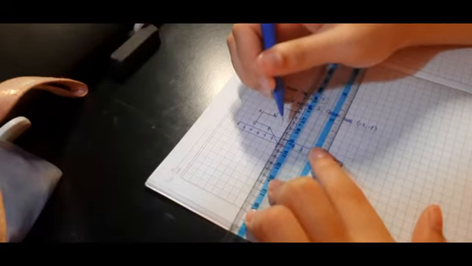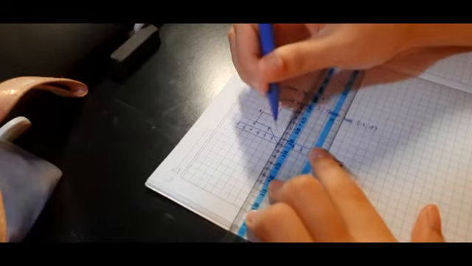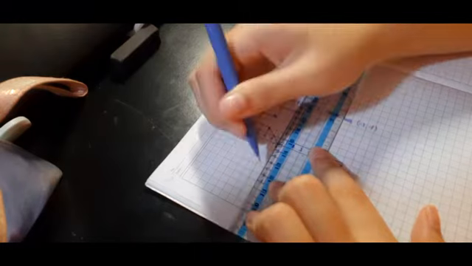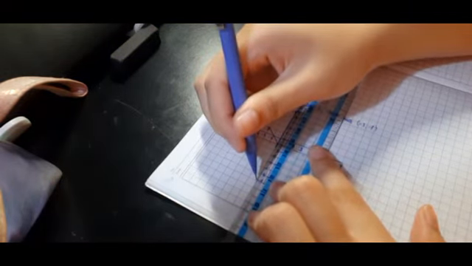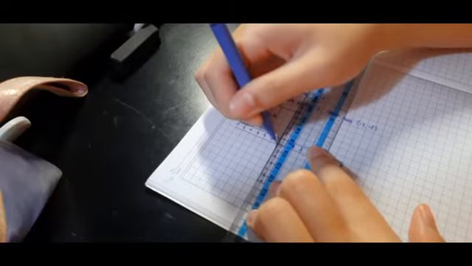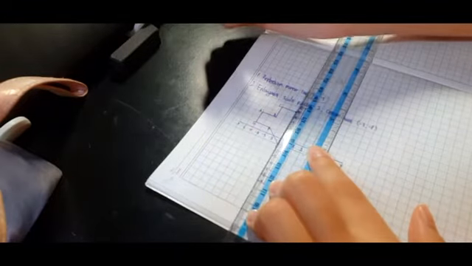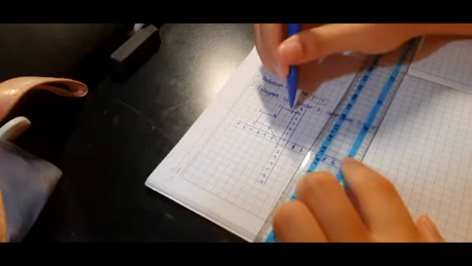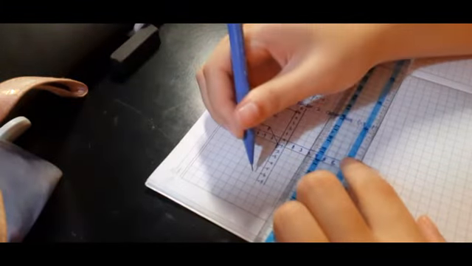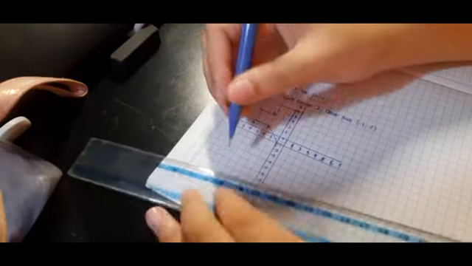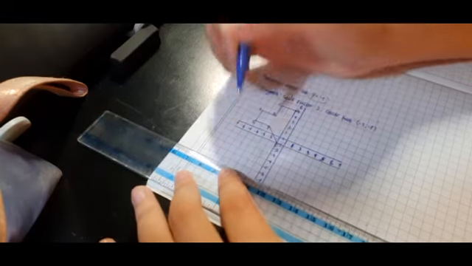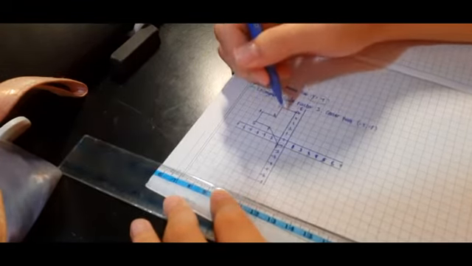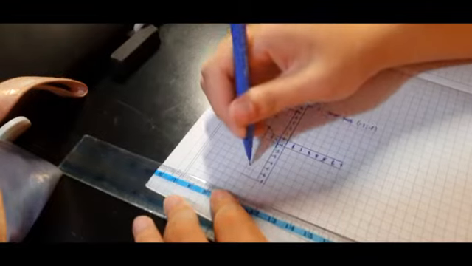Like this line, it uses up 6 squares. Hence, it should also be 6 squares on the other side of the mirror line. And this one uses up 2 squares, so it also should be 2 squares on the bottom. This one is also 2 squares.